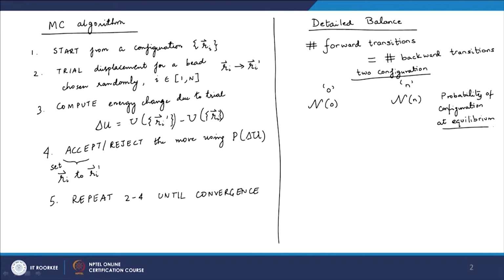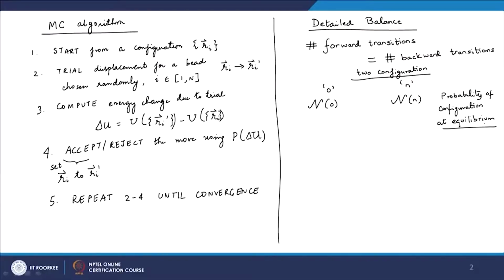So, we do not start from equilibrium, but we want the detailed balance to be valid from the beginning of the simulation. Now of course, when I am doing this trial displacement, there must be a probability of going from the old configuration to the new configuration.